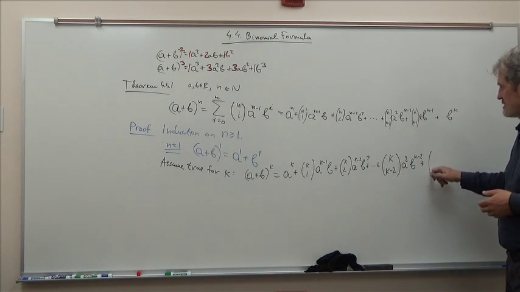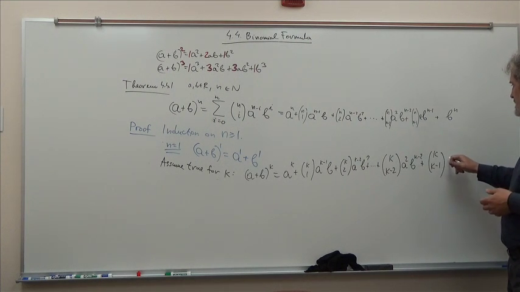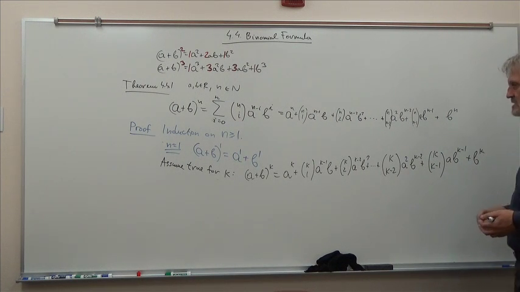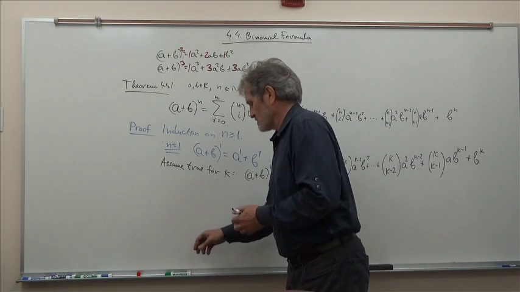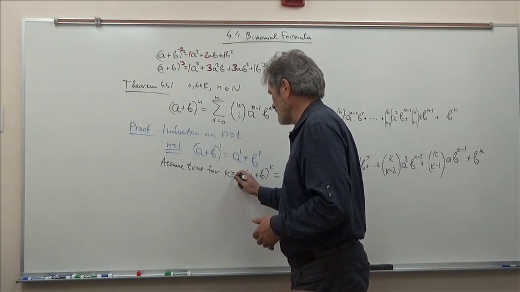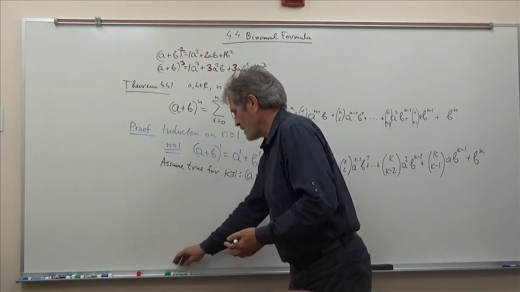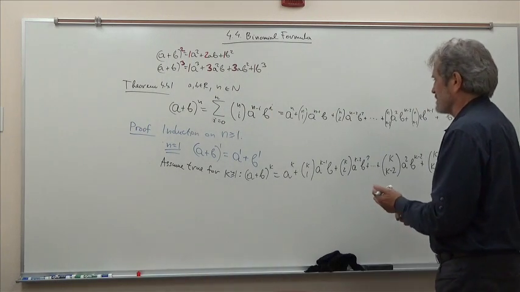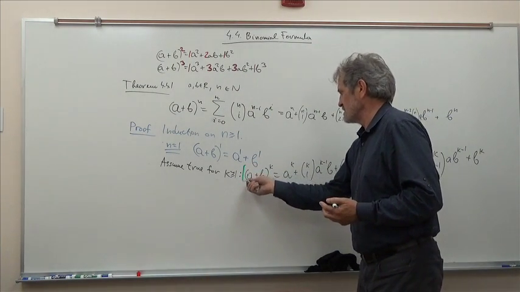It's long. Writing k choose k minus 1. Here I have more space, so I'm writing it a little neater. Plus b to the k. So this is the inductive hypothesis that for certain k greater than or equal to 1, we already established this. I put it in green because we can use this if we need it.